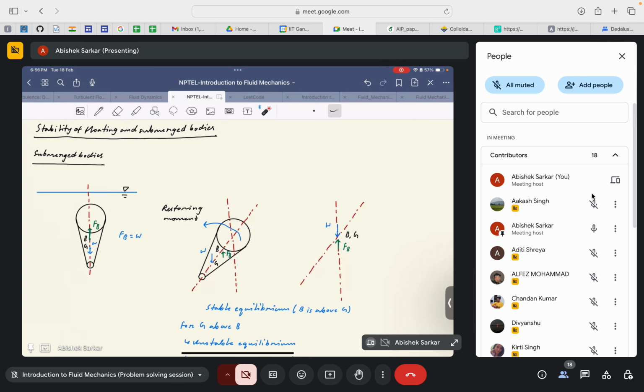The study of stability is conceptually quite similar to what is discussed here. For example, if we give a slight perturbation or disturbance to a particular fluid parameter, how do these parameters behave with time?